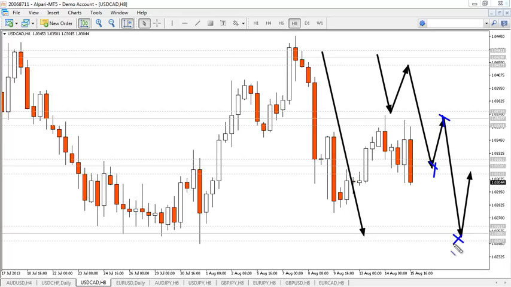Then you can enter a reversal trade here, etc. So I don't really care what the trend on the weekly chart is if I'm trading the 8-hour chart. It doesn't really bother me. I'm just looking for very specific setups on my 8-hour chart, my 4-hour chart, my daily chart. When I get those setups, I just jump into the trade.